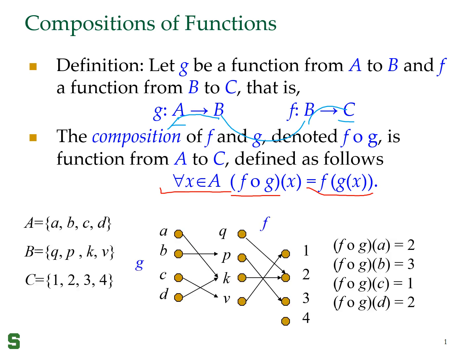Let's look at an example. Here, let's say I want to find f of g of a. What I'm going to do is start with a and see where it maps. In this case it maps to k. Then I'm going to see where k maps in the function f. It maps to the value 2, and therefore f of g of a is 2.